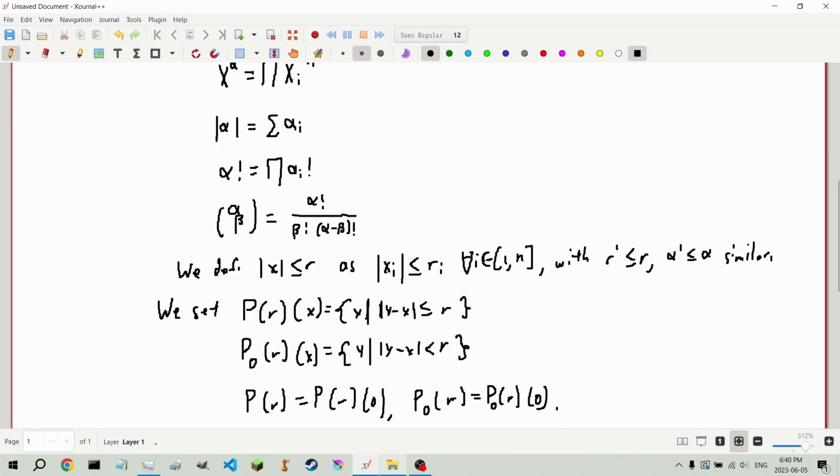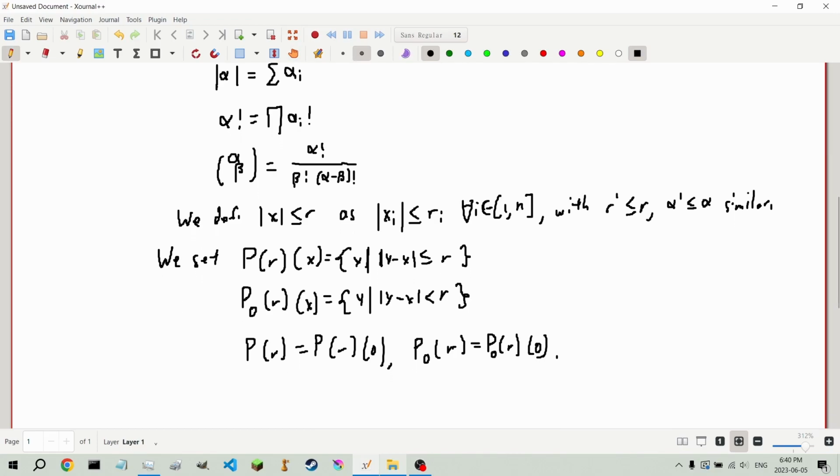Alright, time for some actual math now. We're going to let f be the sum of a_alpha times an indeterminate x to the power of alpha, and r is as above.